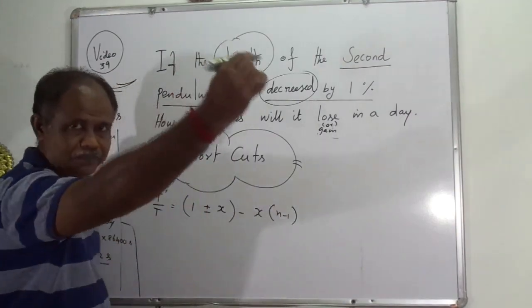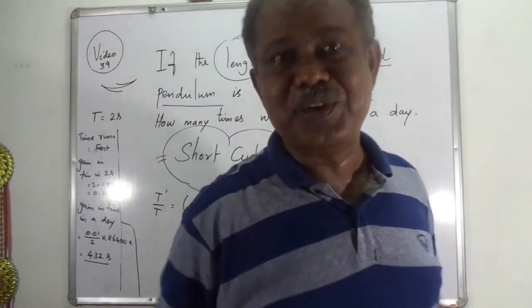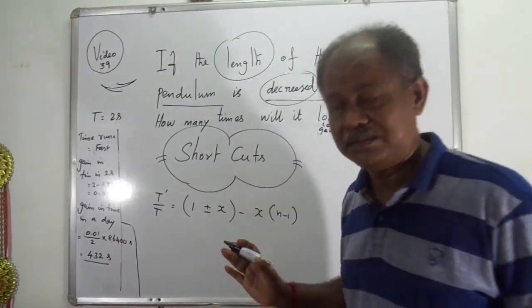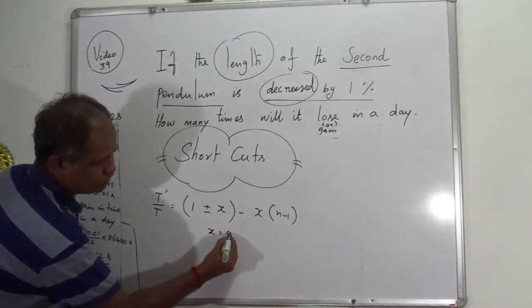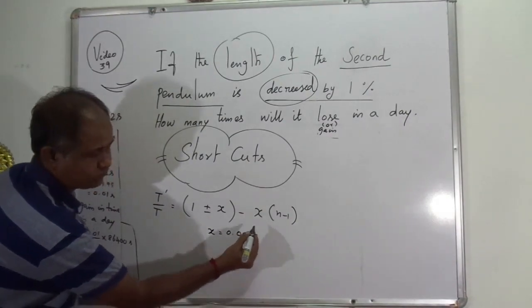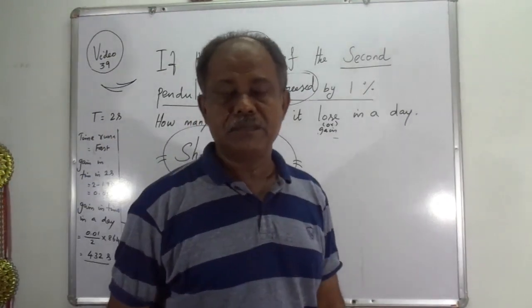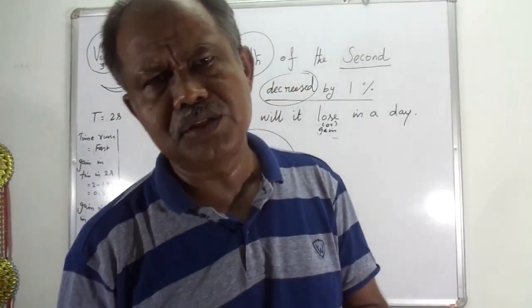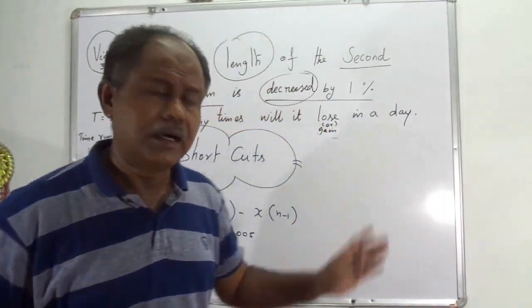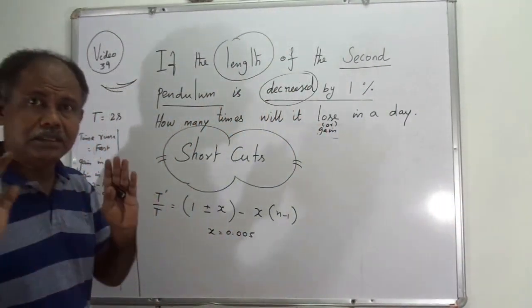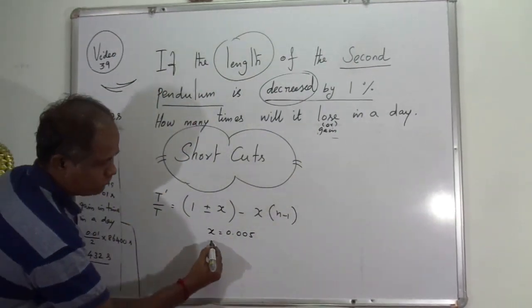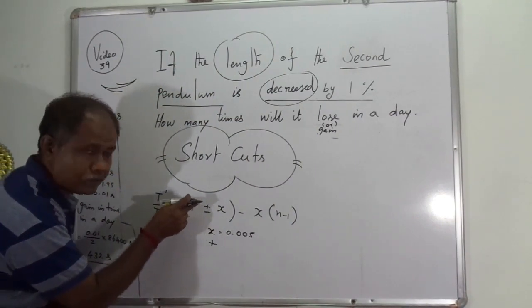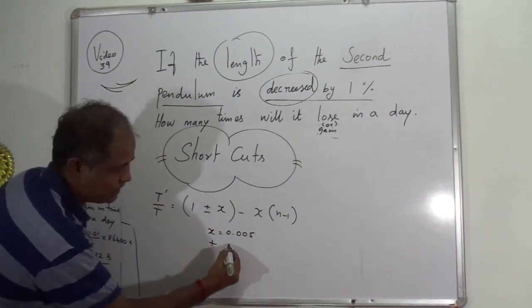This is a very interesting formula. Please listen. For example, here x is 0.005. This is a constant value, whether the length is increased or decreased; it is constant throughout the calculation for this simple pendulum.